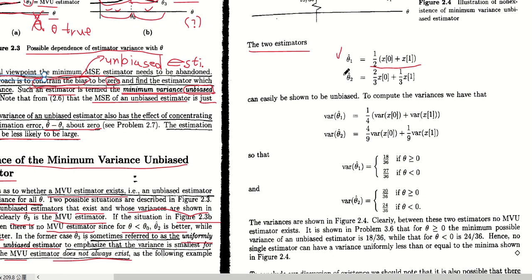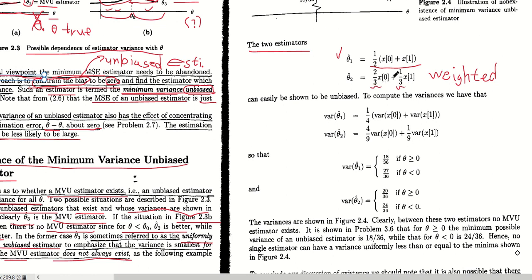And then theta 2 hat is a weighted average, with coefficients 2 divided by 3 on x0 and 1 divided by 3 on x1.